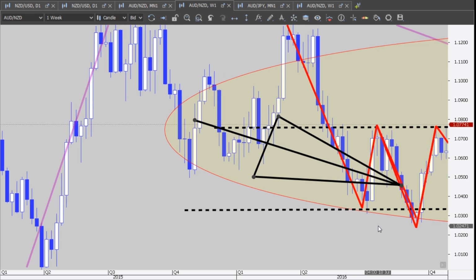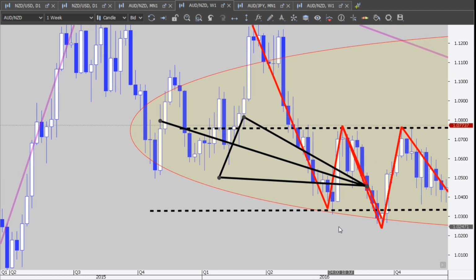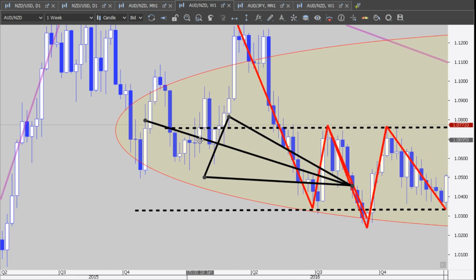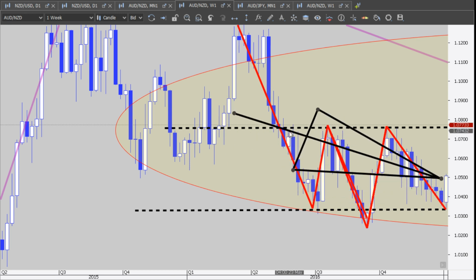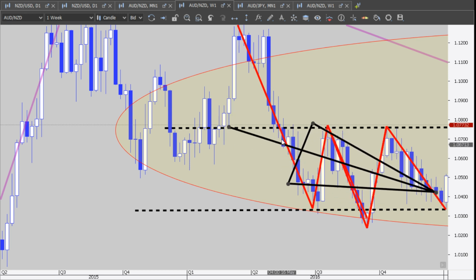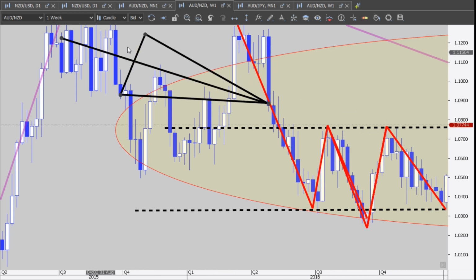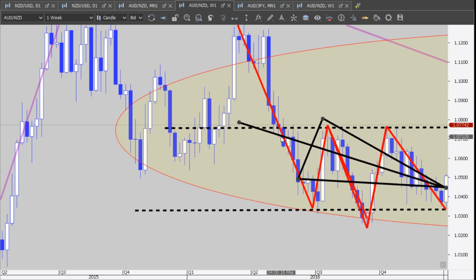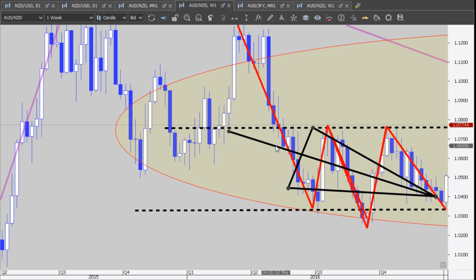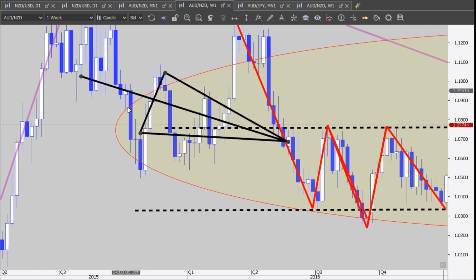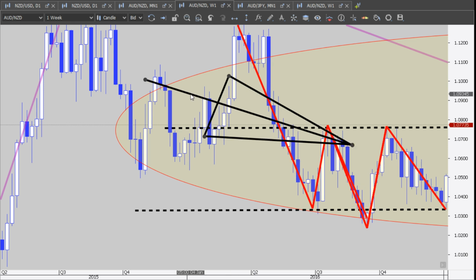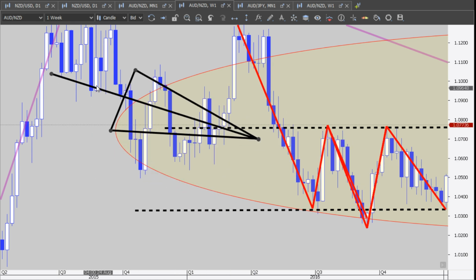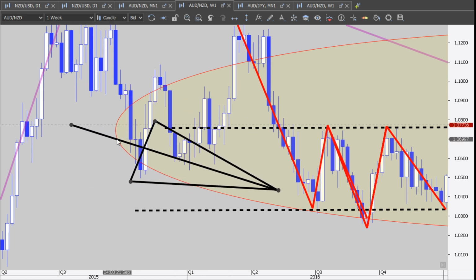But with the next retracement, we have a confirmed channel. So this bullish candle in here, on the weekly, just an example, this kind of thinking, you need to think that way, everybody. We have a confirmed sideways channel, and we have a bullish market structure.